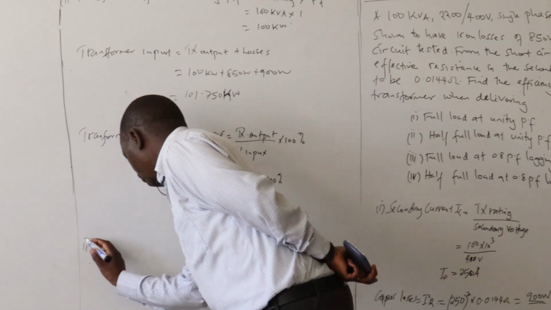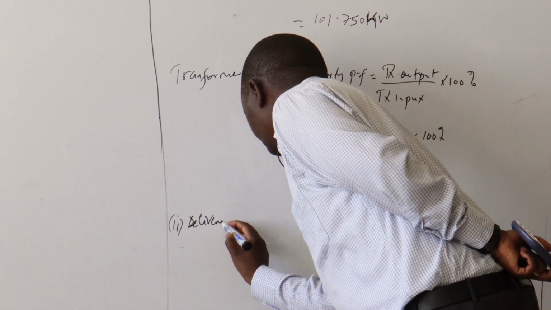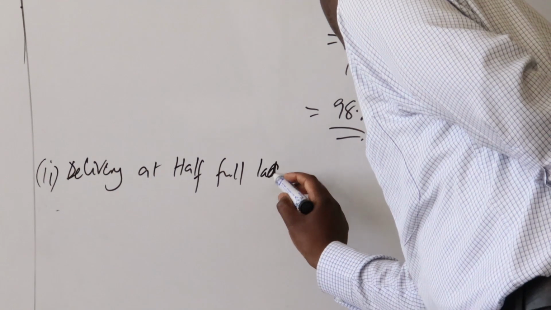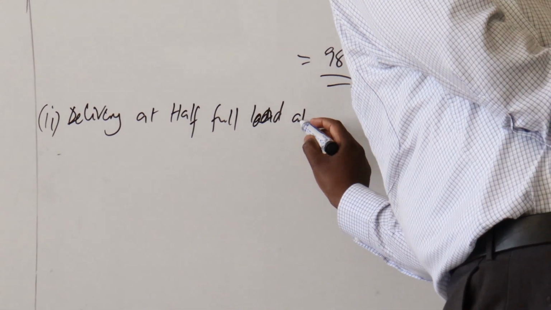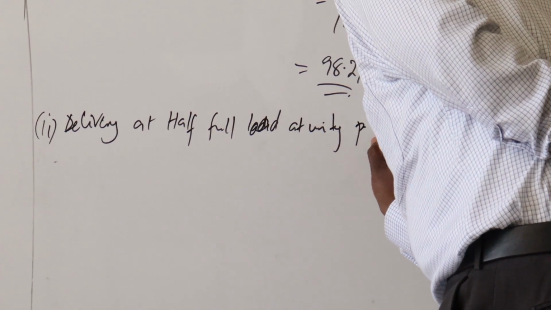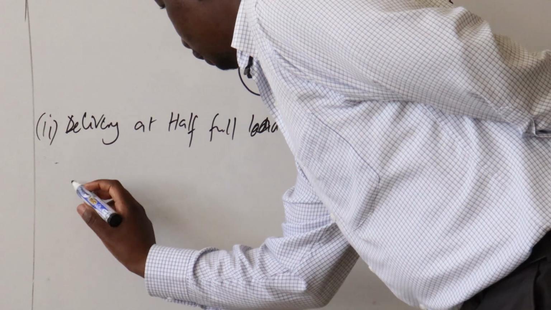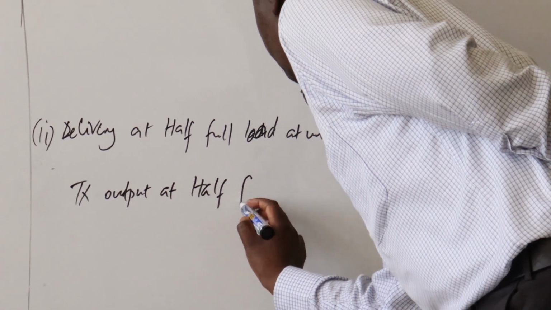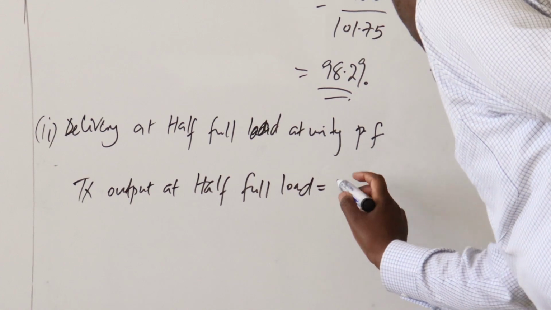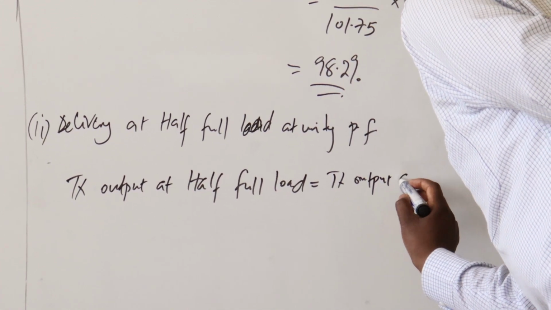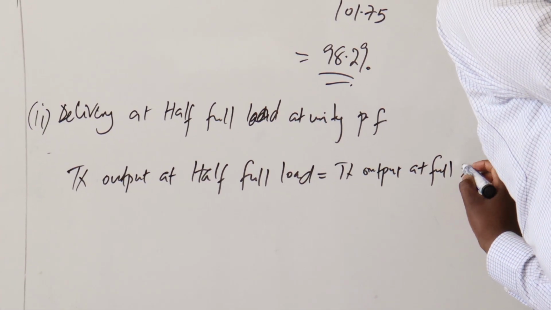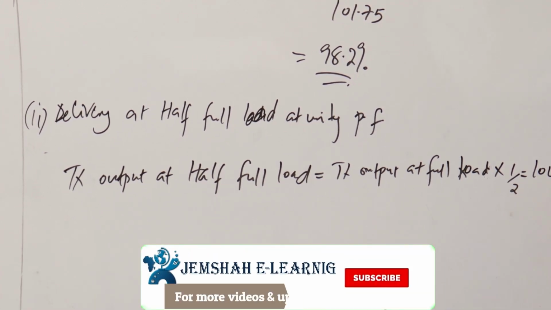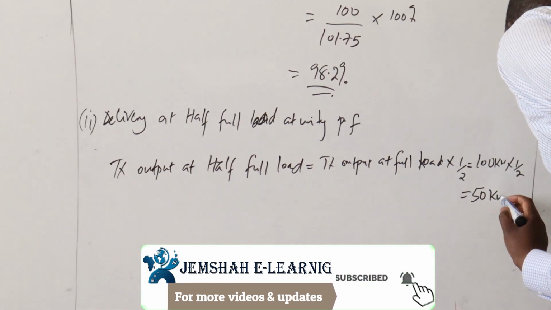The transformer output at half full load is the transformer output at full load times a half, which means 100 kilowatts times a half, which gives us 50 kilowatts.